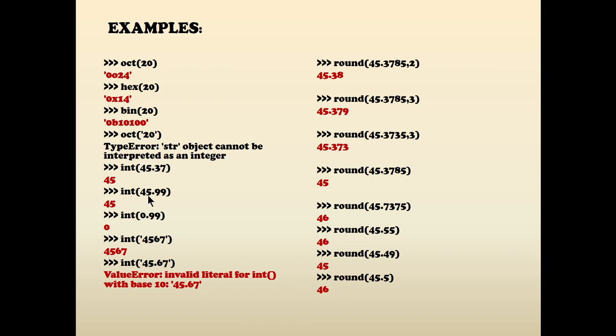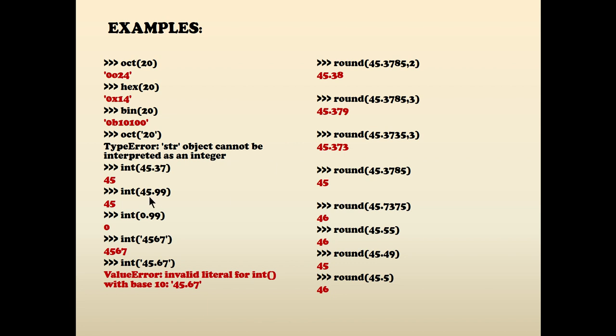I have given the example 45.99 to make you understand that it will not round. Normally when you do rounding, if it is greater than 5, it will be added to the previous integer, right? However, int just truncates the decimal portion completely. It will give you only the whole number part.